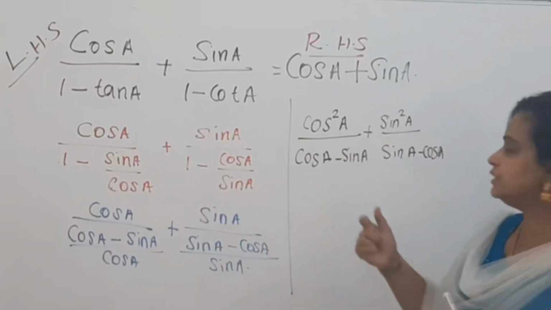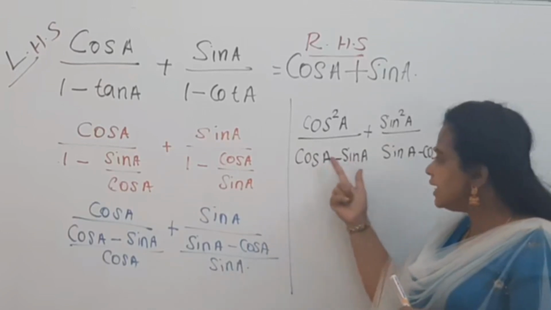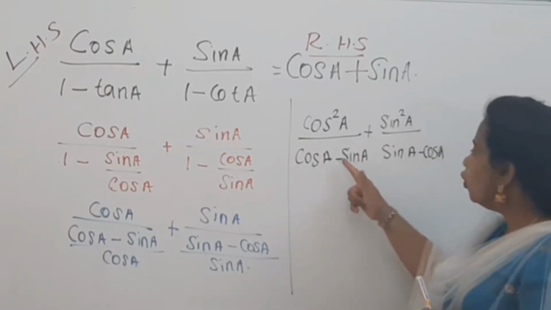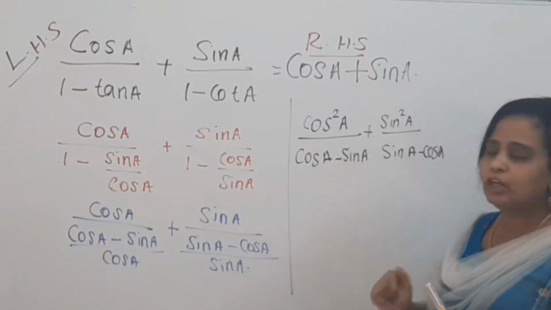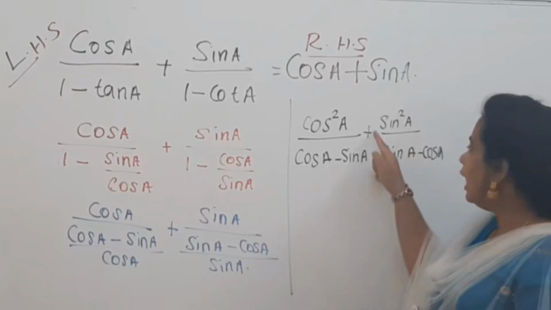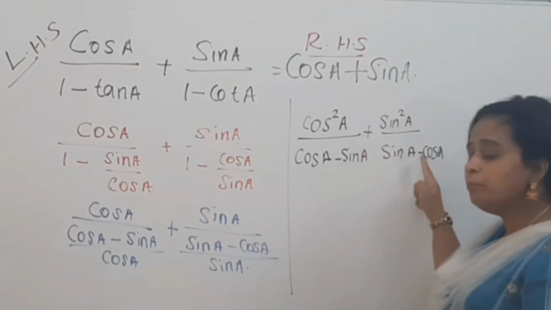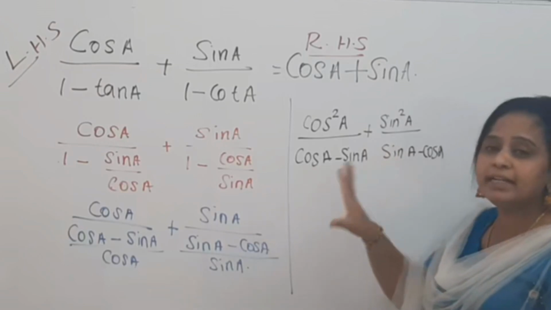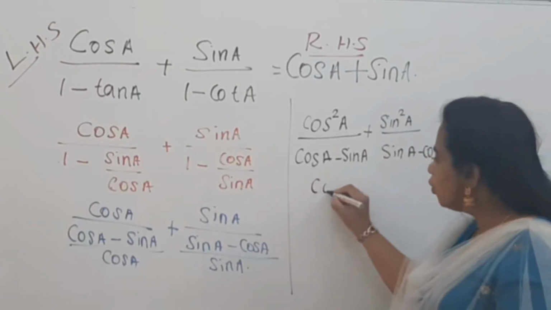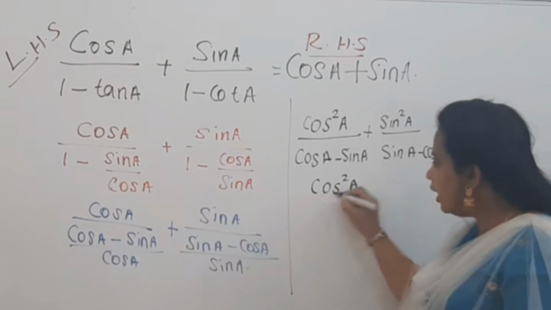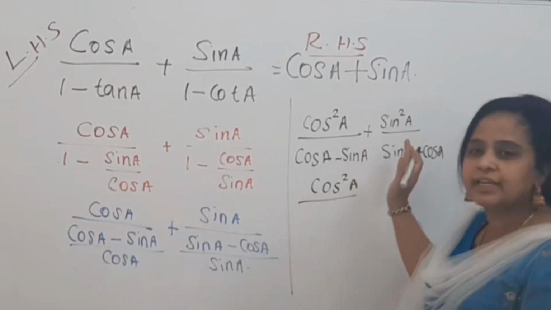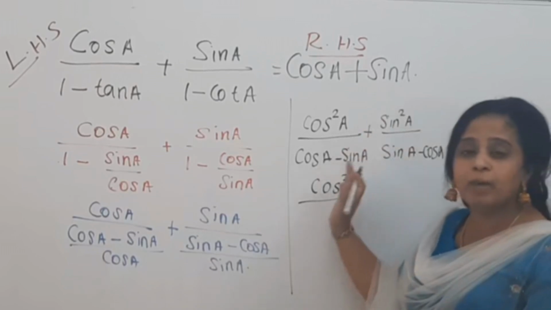Now, the second tip is, you can see that the same ratios are used, but only the signs are different. So what you have to do is take out the sign, make this minus, and bring your denominator the same. That is the second tip. So I do cos square A divided by, I am not touching the first one, I always touch the second one, because I am taking out the minus.